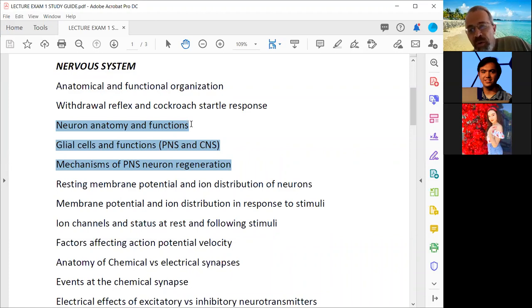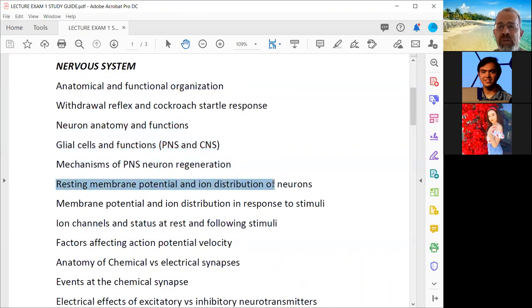Of course, that's in a resting state, and part of that ion distribution, remember, is influenced by those leak channels. Remember I mentioned that we have two main types of channels. We have voltage gated channels, which are activated when a stimulus comes in, but then we have leak channels that are essentially always open that allow ions to leak across.